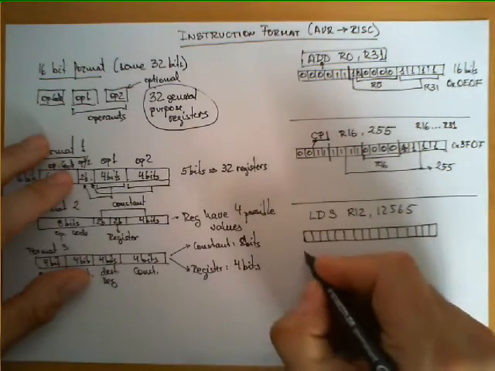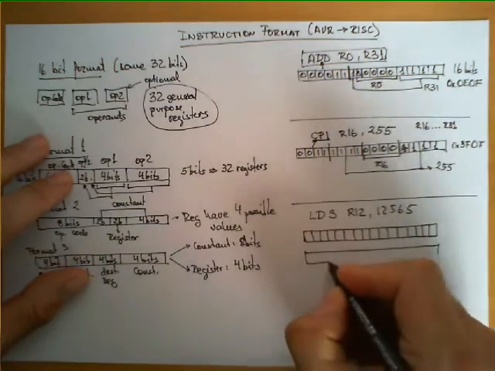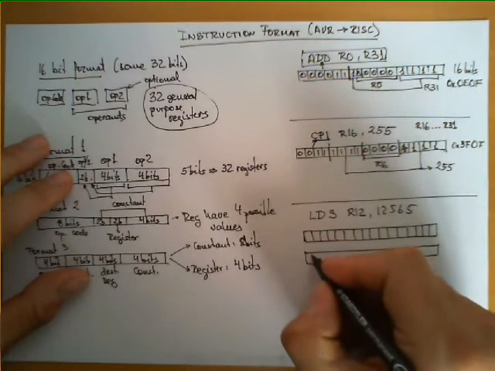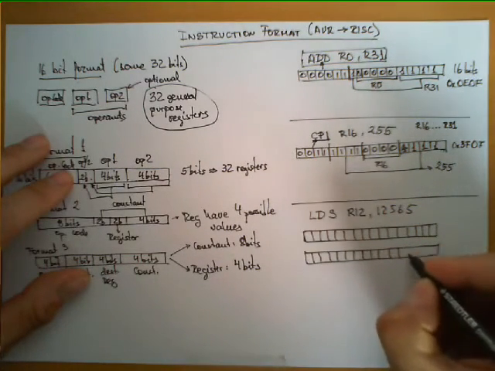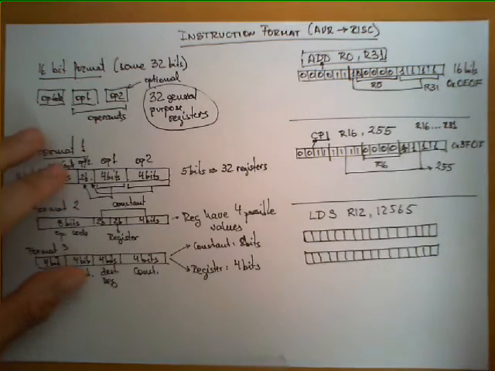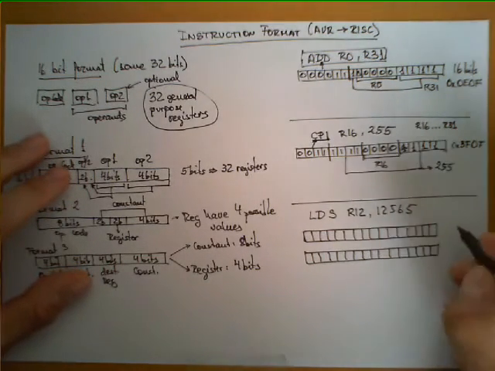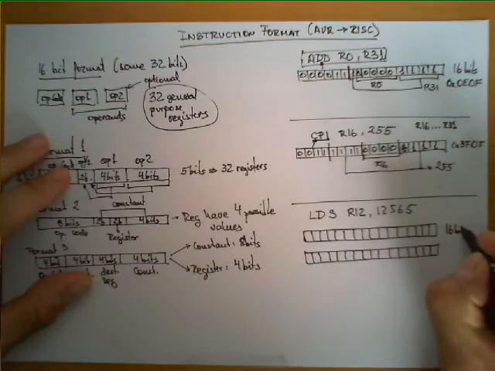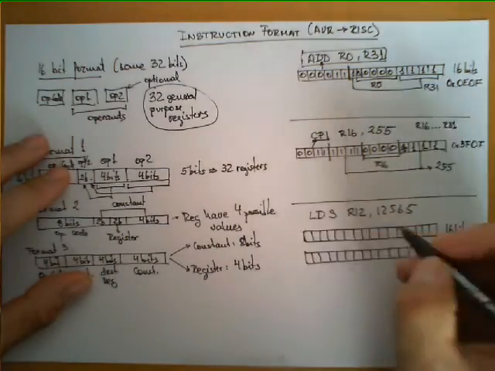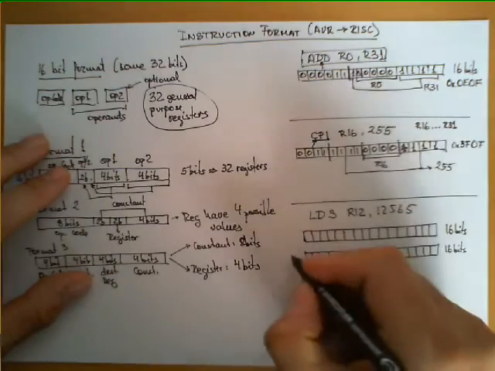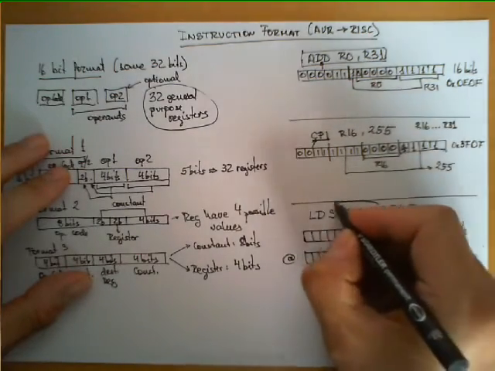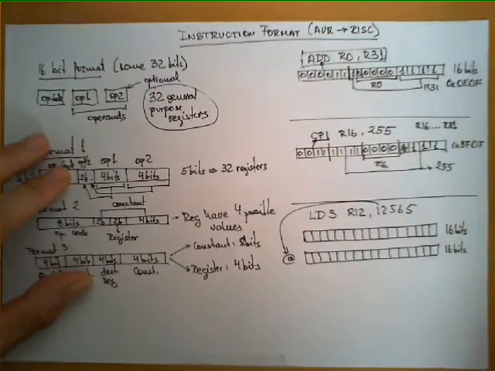The reason is that the second operand, which is a memory address, needs 16 bits in itself to be represented. So the first 16 bits are going to encode the operation and the register. The second 16 bits are going to be devoted to encoding the memory address, or this value. So this is the format that the microprocessor uses.